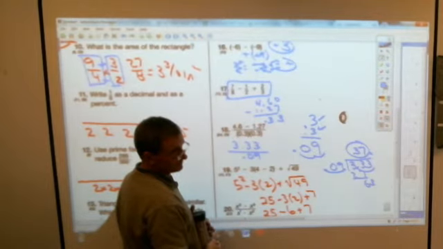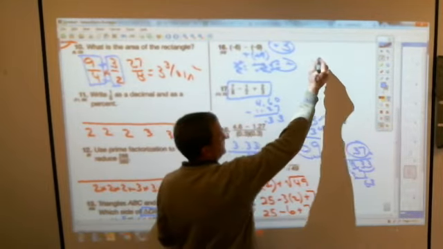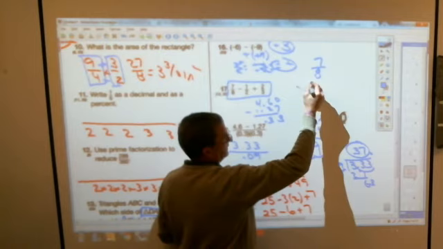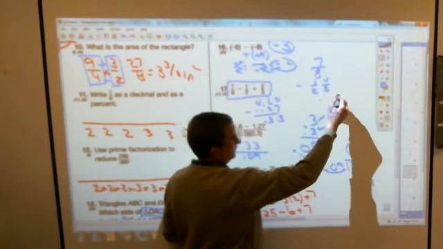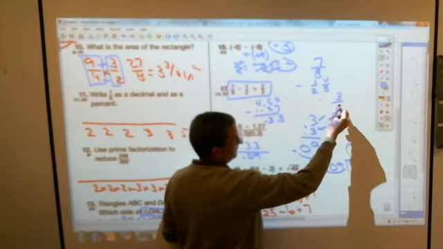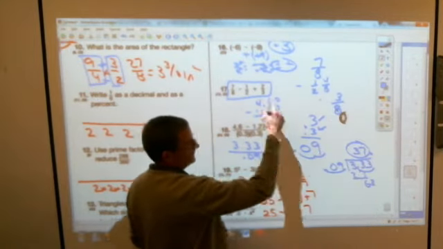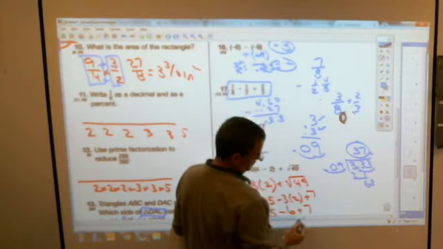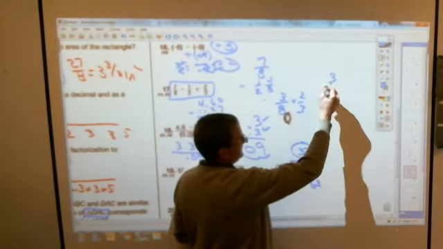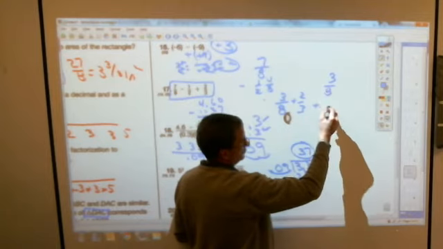Left to right. So you just take 7/8 minus 1/2. What is half but 4/8? Did you get 3/8 for that, Sophia? And then you're adding 2/3 to that. 3/8 plus 2/3.